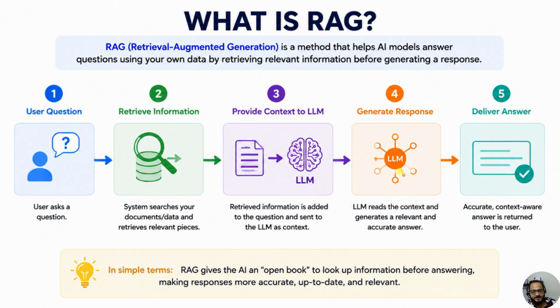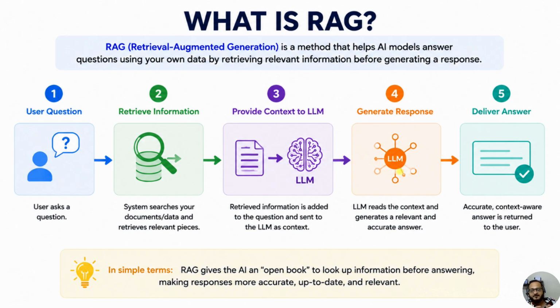So what is happening here? You have asked, tell me why my Kubernetes deployment failed. Now it will look for that information in your vector database, because your RAG application has permission or rights on your private data. So first it will check inside your private database, or vector database in terms of AI, and find the relevant context.